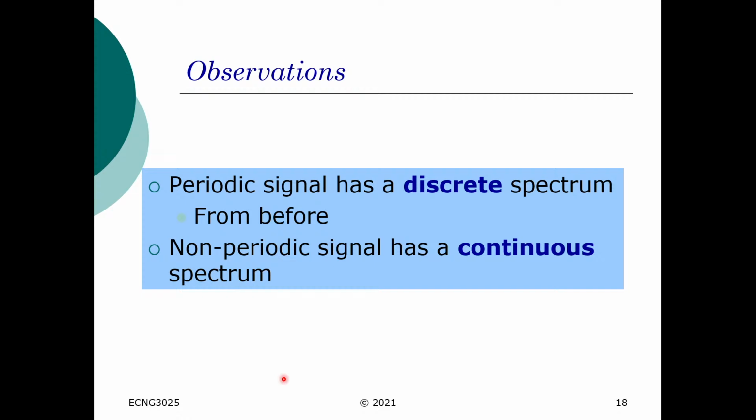In observing what we just did, the periodic signal, when we had the original Fourier series Ck equation, produced a discretized spectrum from before. But for a non-periodic signal, when we apply all those limits, we end up with a continuous spectrum because of the limit evaluation.